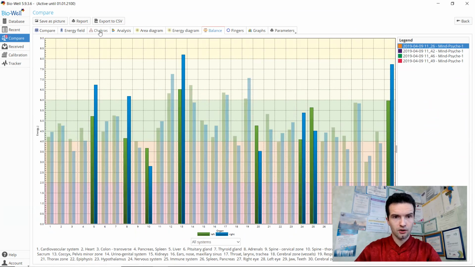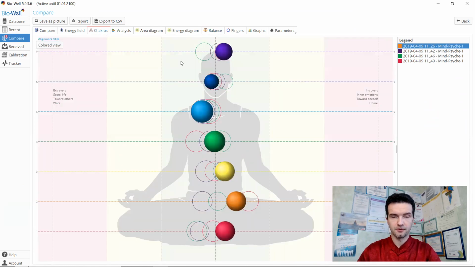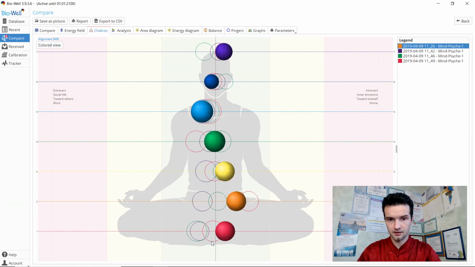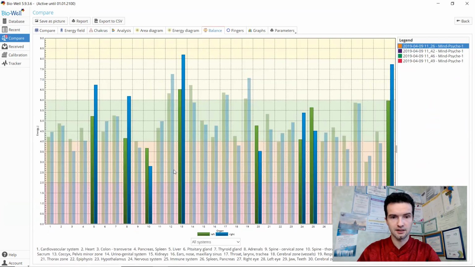So we can also check the chakras, and we can see that the chakras are pretty stable. But his adrenals are constantly stressed. So somehow for this person, the stress is constantly there. There's something in his lifestyle that is constantly causing his stress.